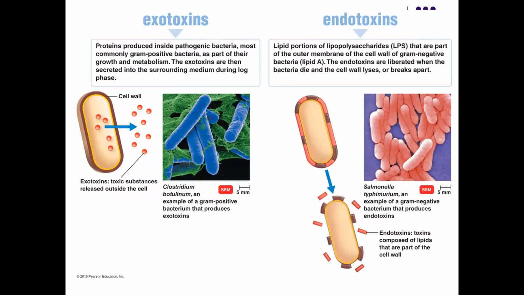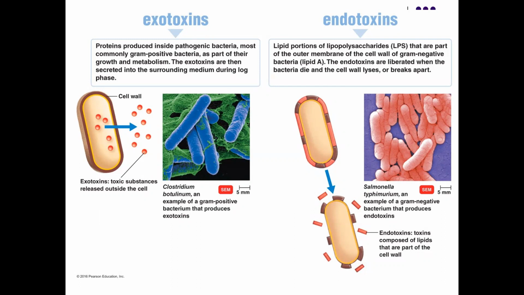Okay, so in your book, you have this lovely, wonderful picture comparing exotoxins to endotoxin, okay? Now, just for the purposes of our test, just to make things a bit easier, we're just gonna say, okay, exotoxins are produced by gram-positive bacteria, endotoxins are produced by gram-negative bacteria, okay?